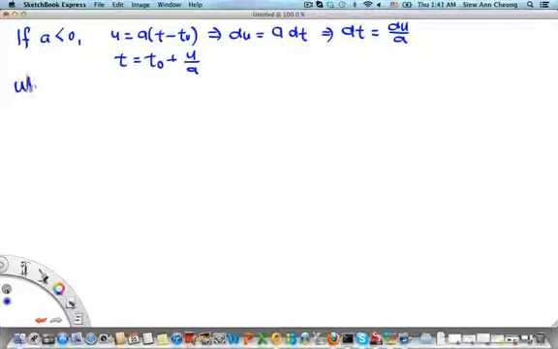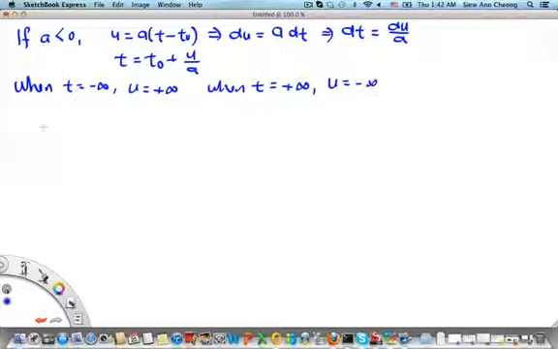The only difference is in the limits. So when t is equal to minus infinity, this whole thing is of course just minus infinity, but multiplied by a negative constant gives us positive infinity. And the same is true on the other side. When t is equal to plus infinity, we have plus infinity here, but a is negative, so multiplying by a negative number gives us u equal to minus infinity.